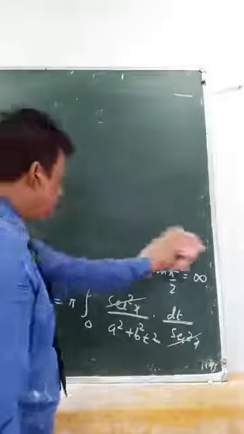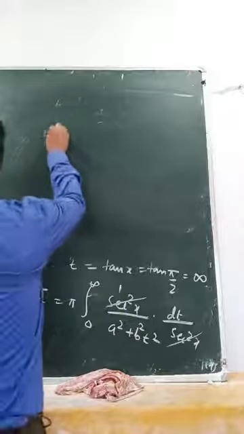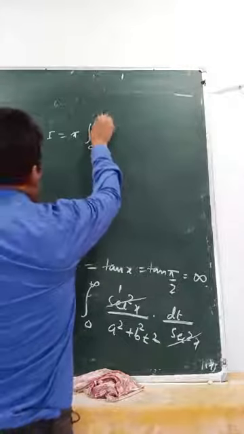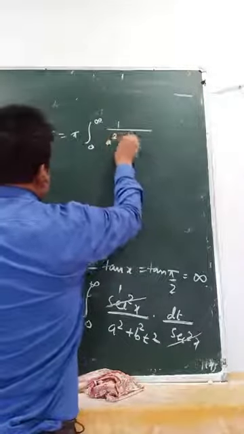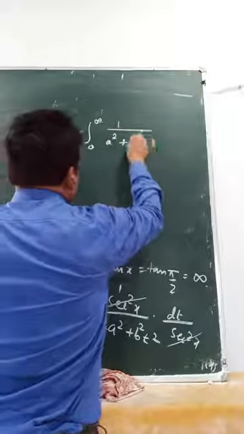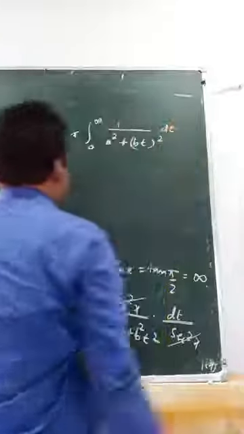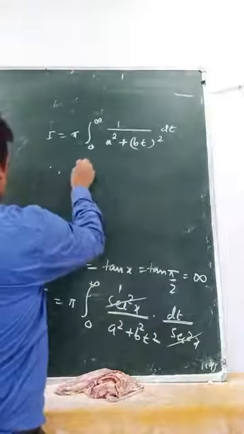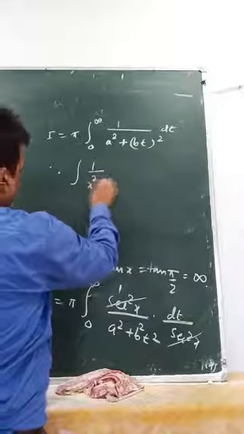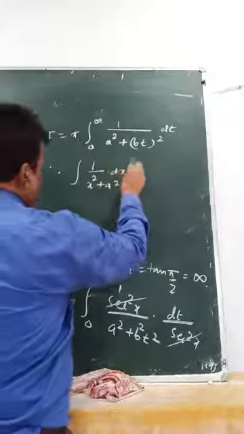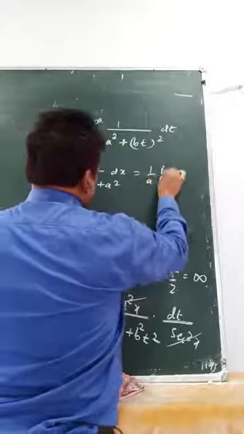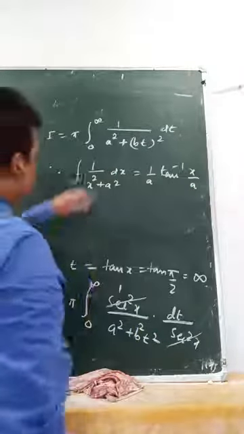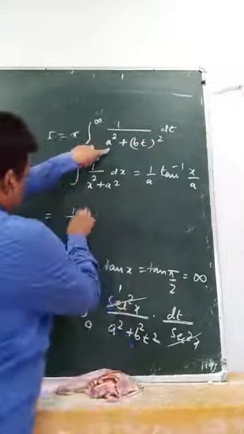Now you are getting I equals pi, 0 to infinity, 1 by a square plus bt whole square dt. Now guess which formula? 6th standard formula. Since integral of 1 by x square plus a square dx is 1 by a tan inverse x by a. This is 1 by a. 1 by pi is here.